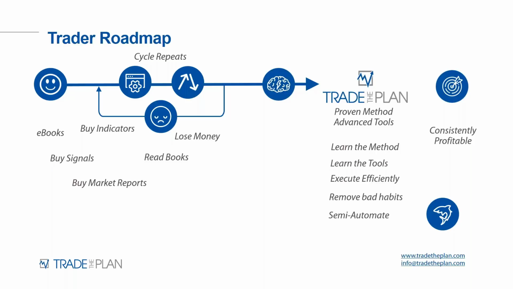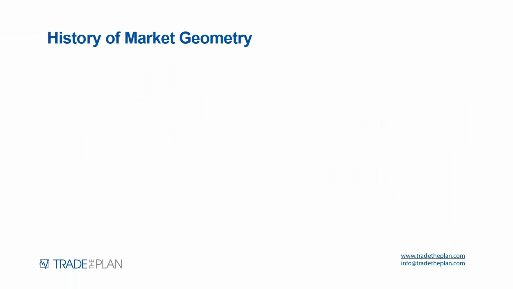So let's dig in now to the core of the method. I'm sure all of you have worked with trend lines before, at least to some extent. They've been around for centuries, but really the core of our method is market geometry. And the history of market geometry is kind of interesting. It started out with Roger Babson back in the late 1800s. He graduated from MIT.